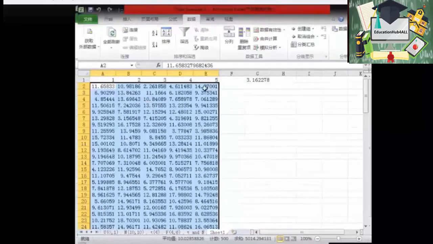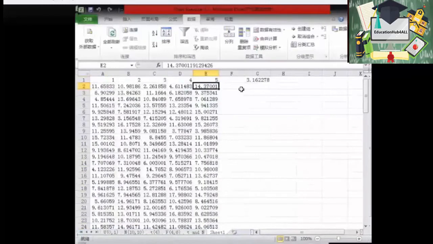Okay, do you have the data? The square root function is called sqrt.